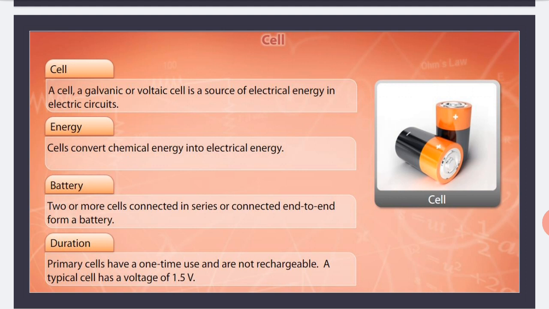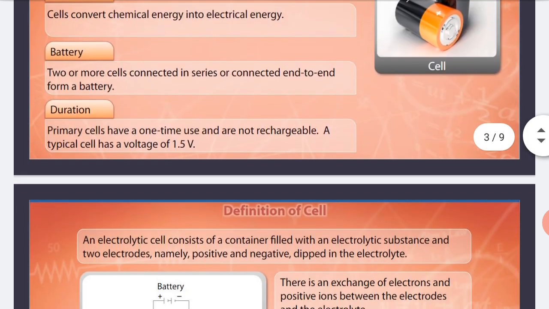Duration. Primary cells have one-time use and are not rechargeable. A typical cell has a voltage of 1.5 volts.